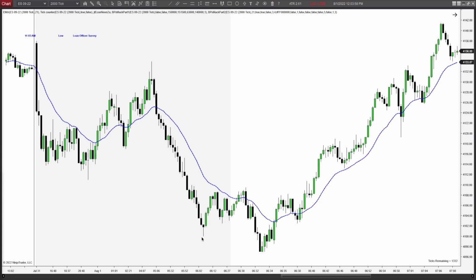So if we have this low right here, and we're looking for entries short because we see this major bearish move, we have the lower highs and lower lows, prices below EMA, so we want to be looking for shorts. We take this low right here, and we have a bullish move up, and we're looking for shorts, and we get a first entry short triggered right here.